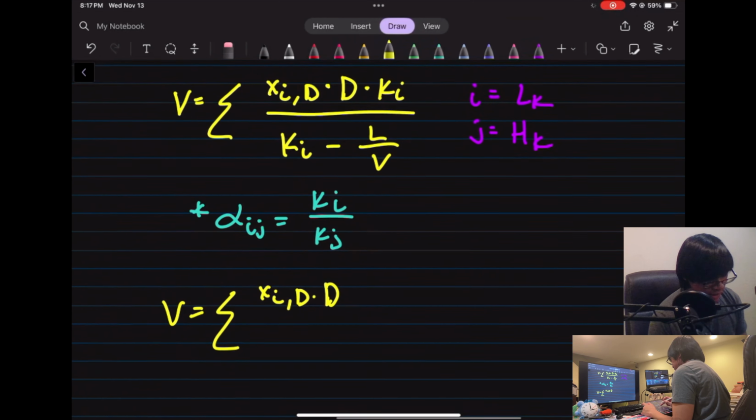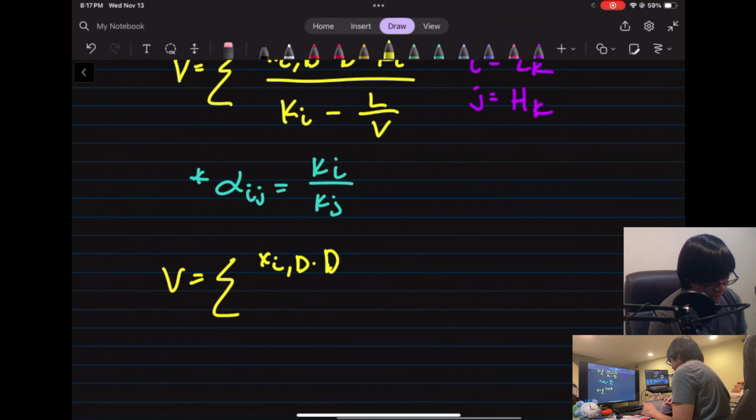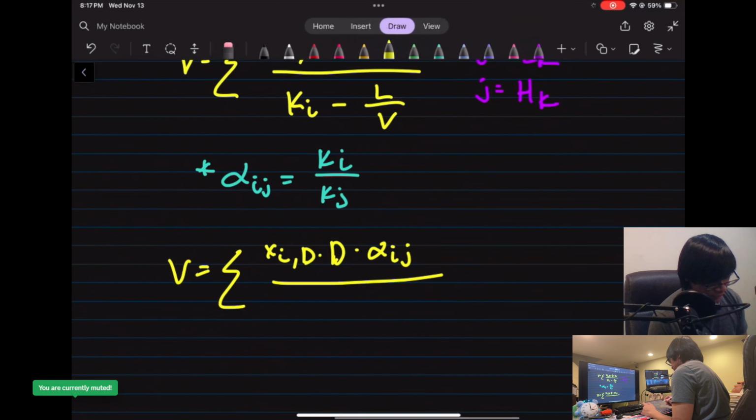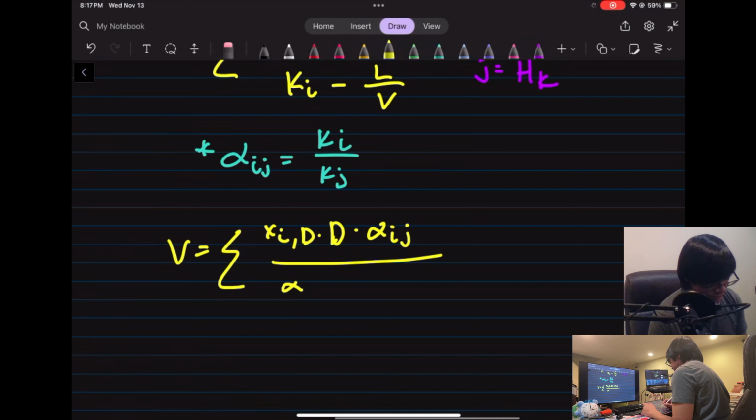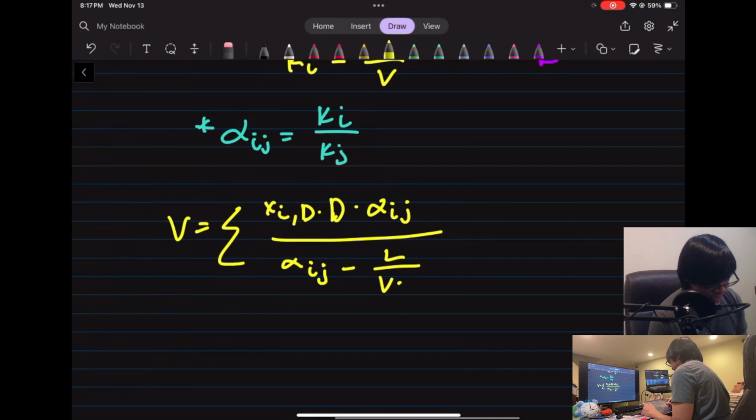So dividing by Kj is now alpha. So this is alpha, right? And then alpha once more if we divide by Ki. And then now we have a term L over V, or well, divided by Kj.